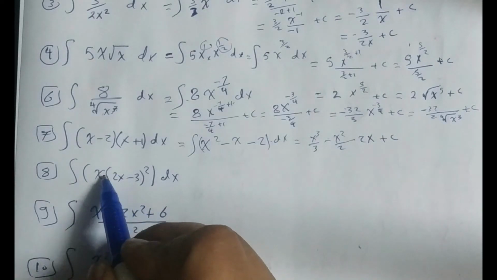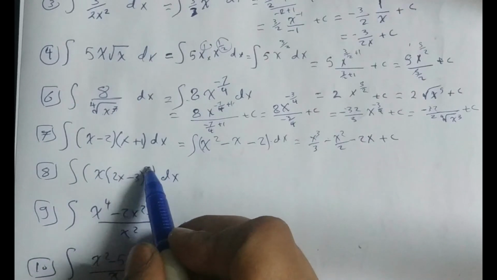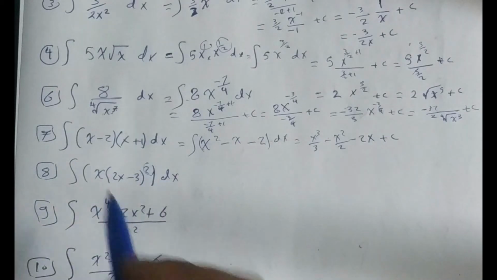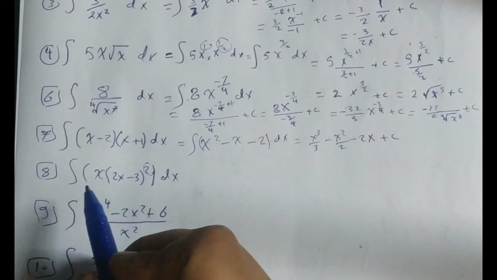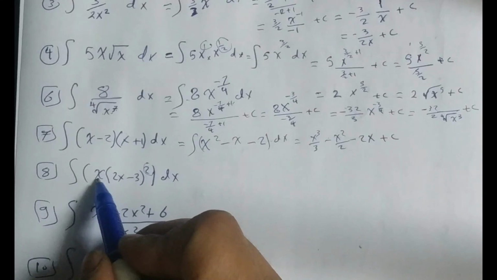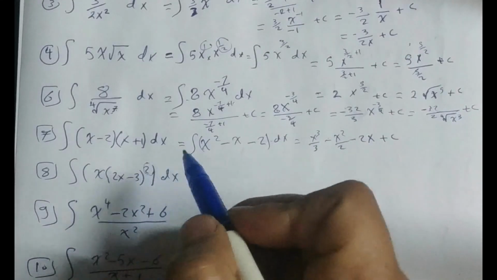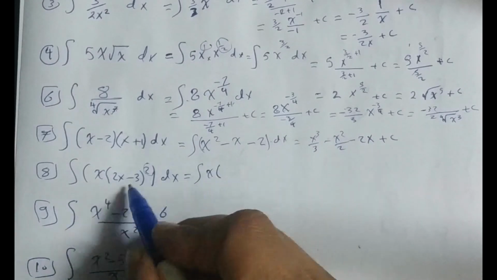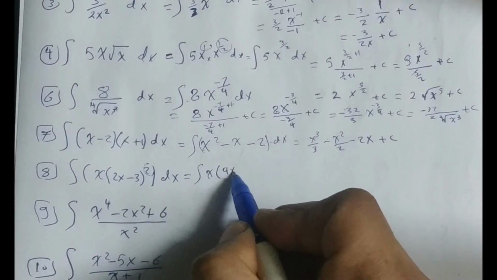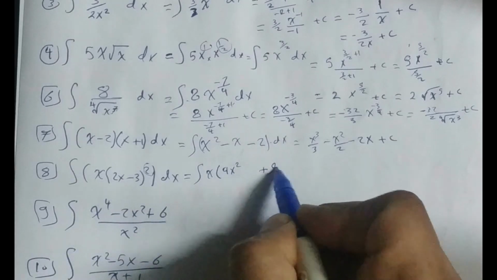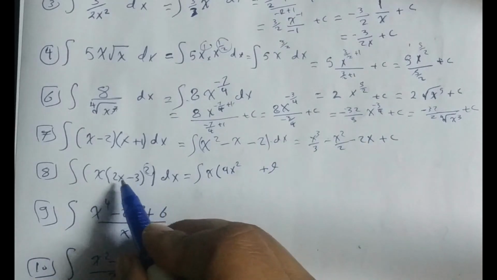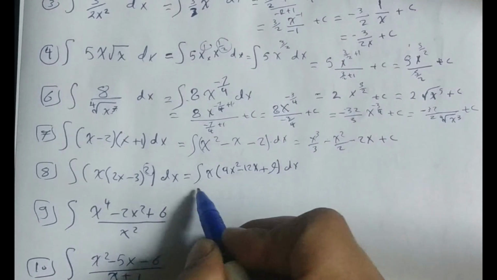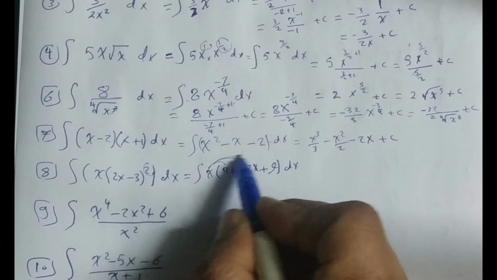Here the same way by multiplying, but here we have a power 2. So how can we do it? We can do it in two ways. We can write it as root x all to the power 2, or just expand this expression. The first squared is 4x squared, the second squared, then first times second times 2, negative 12x, and so on, dx.